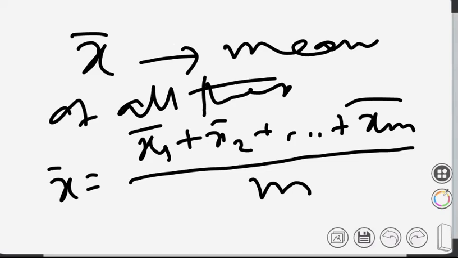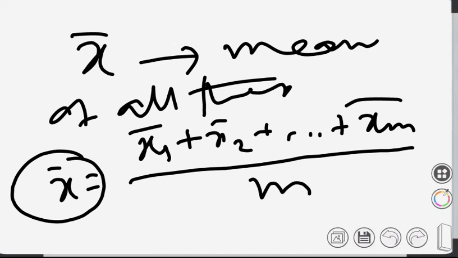If I take the average, that will be termed as the average of all the means. How they behave, and accordingly how the sample mean behaves, is termed as the sampling distribution of sample mean.